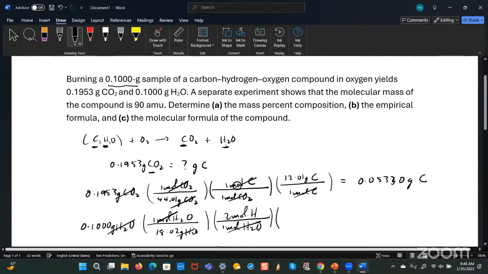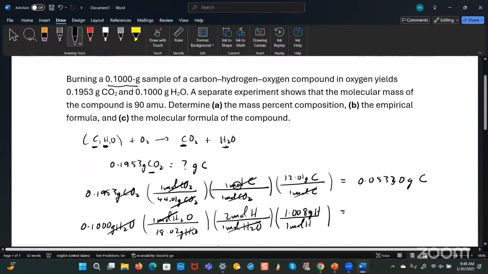And then the last step is similar to what we did before, where we convert the moles of hydrogen to grams. So that means we need a molar mass of hydrogen. So 1 mole of hydrogen will go down here, and the molar mass of hydrogen will go up top, which is 1.008 grams of hydrogen. And then we do the number crunching again, 0.1 divided by 18.02 times 2 times 1.008.